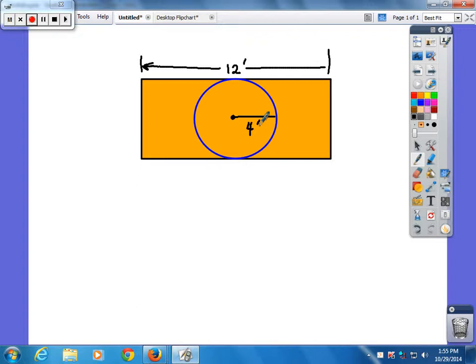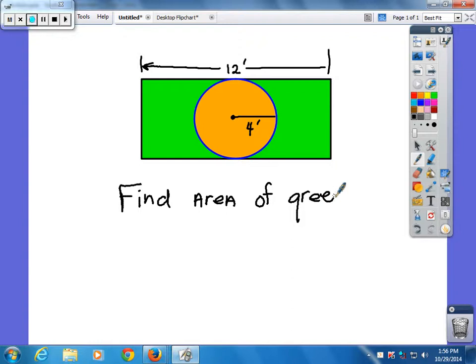I want you to find the area of the green region. Find the area of the green region. Now this is a problem that you cannot do unless you think a little bit.